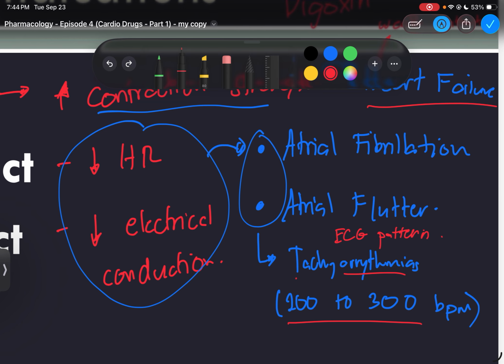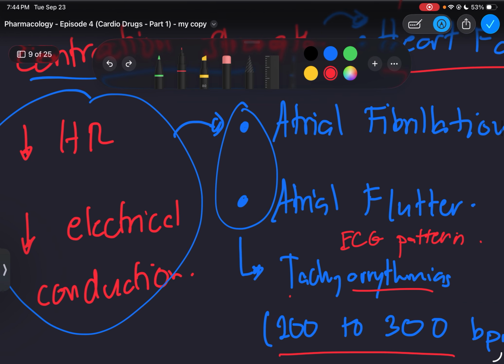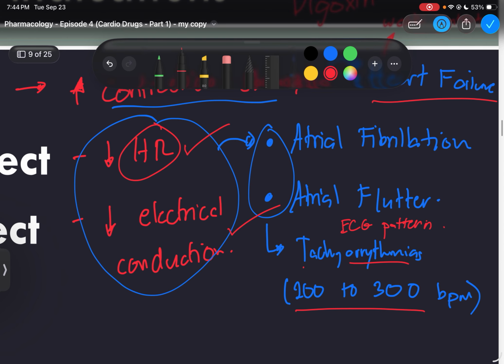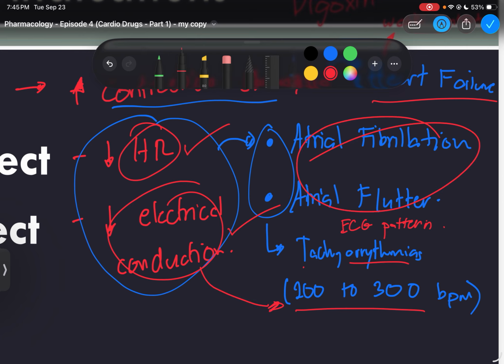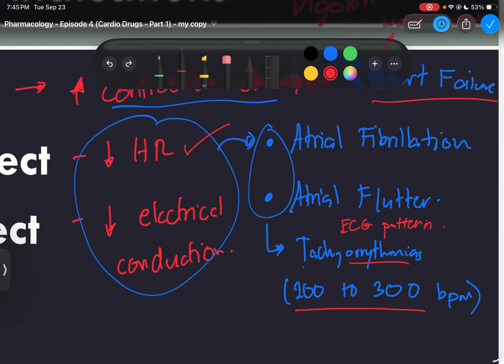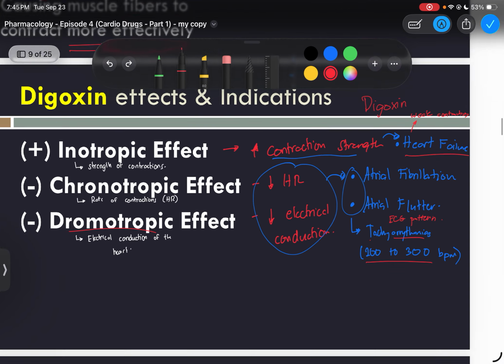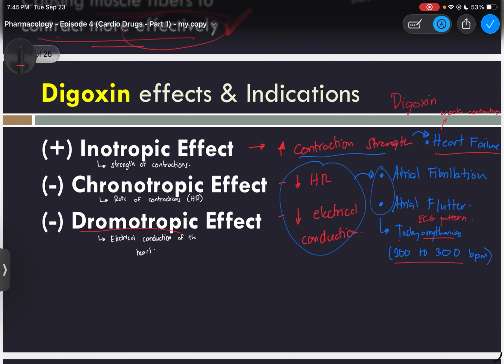And because of that, class, no, we can use our digoxin to slow down their heart rate and to decrease the electrical conduction. Obviously, we want to slow down the heart rate and the conduction because the heart rate of these ECG patterns are very, very fast. Pas-pas kayo ang iyang heart rate, no? So that's why we can use it.